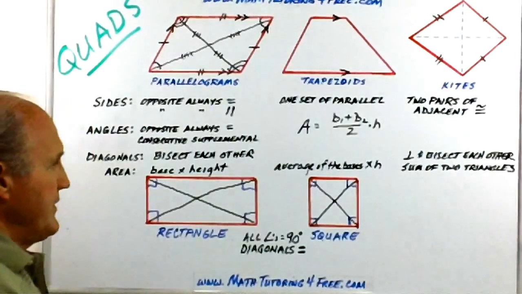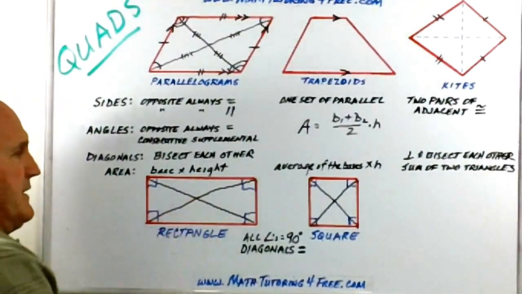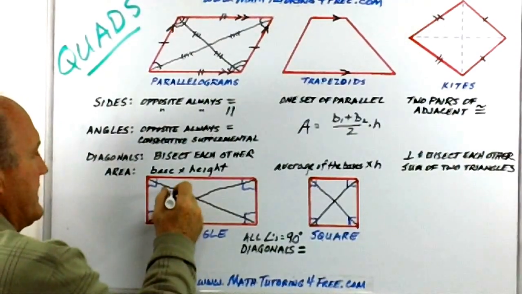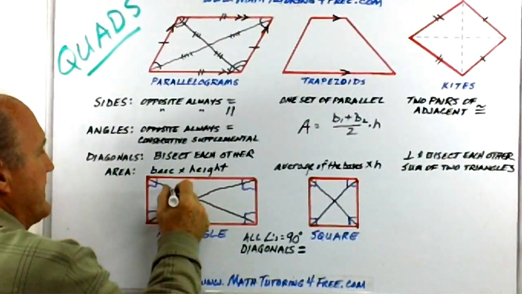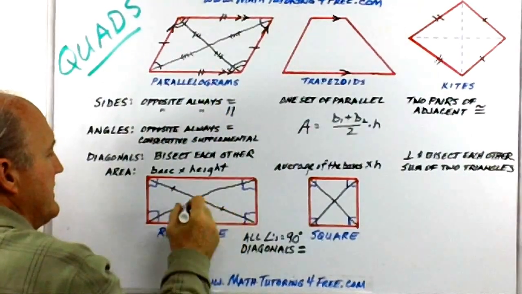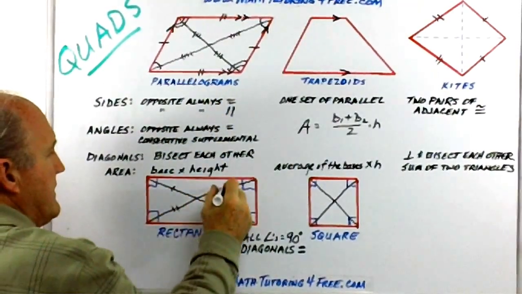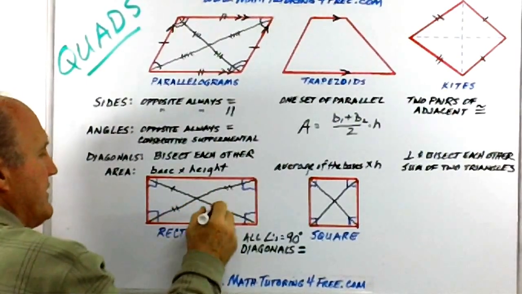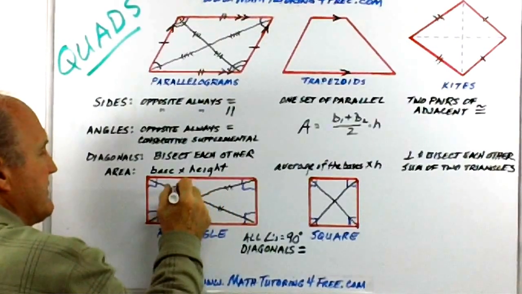So when you have a rectangle and you're given the diagonals, one of the things you want to remember is, okay, since they bisect each other, just as in the parallelogram up here, the other thing is, well, I would have only had to draw one set of marks here, wouldn't I?